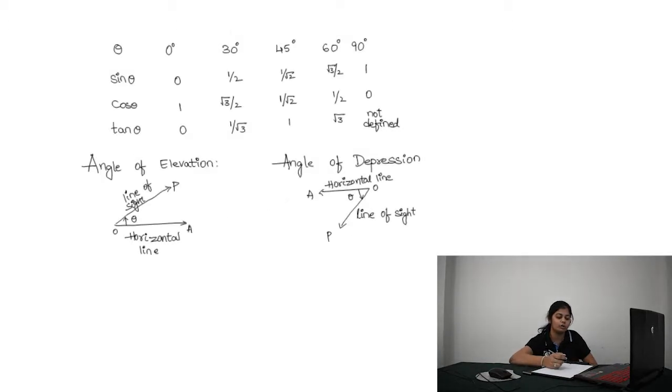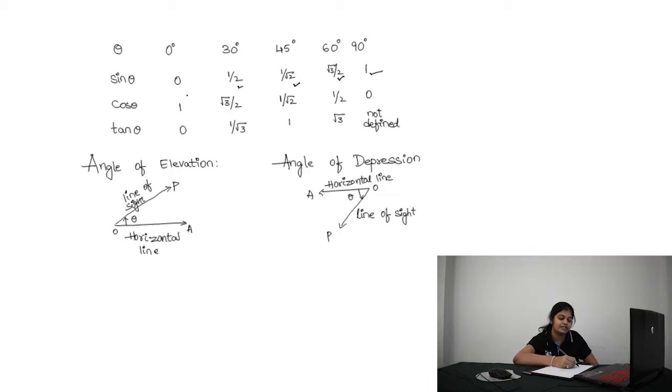Now moving on to the angles for which we need to know the values, from 0 to 90. Sin 0 is 0, sin 30 is 1 by 2, sin 45 is 1 by root 2, sin 60 is root 3 by 2, and sin 90 is 1.